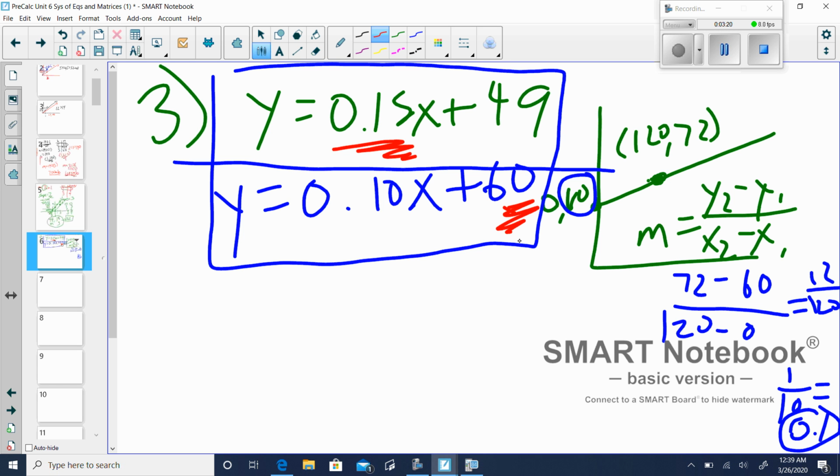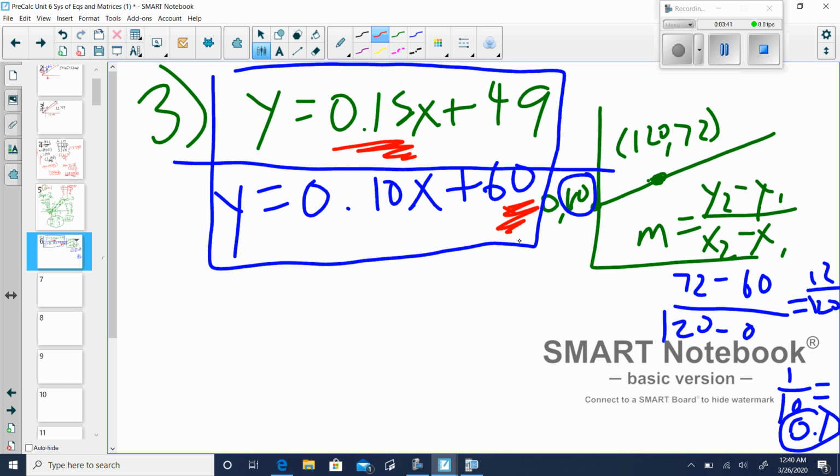Is it special that one has a larger slope? Is it special that one has a larger y-intercept? Well, I don't know. What can we use to see what those things mean, right? And what we should value in terms of the money we're going to have to pay for this plan.